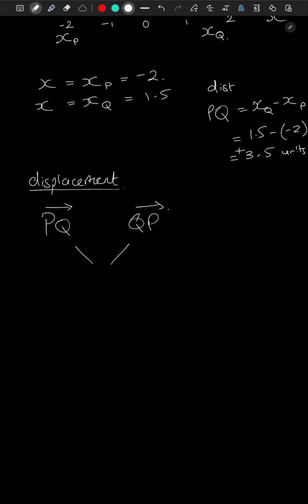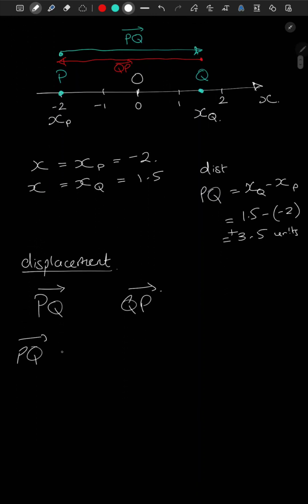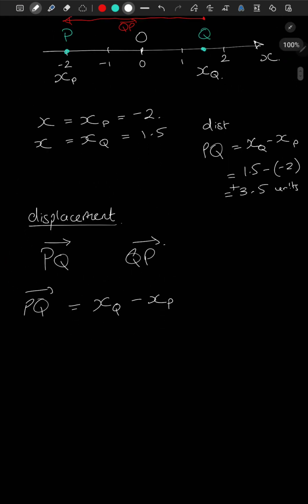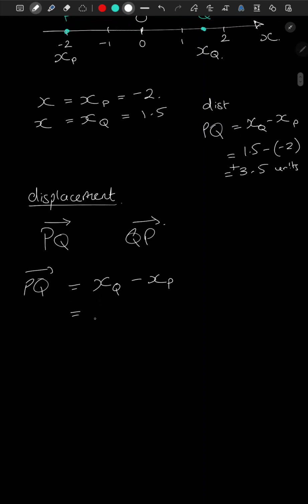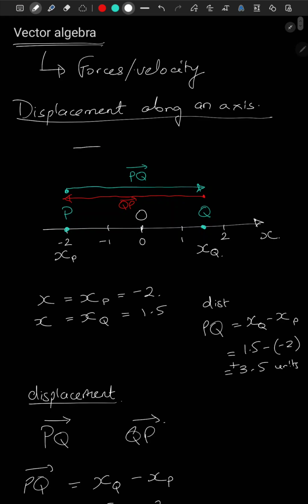So let's assume we want to calculate PQ. So it would be xq minus xp. xq is 1.5 minus xp is -2, which gives you 3.5, so positive 3.5. So now we are defining the positive direction to be here.